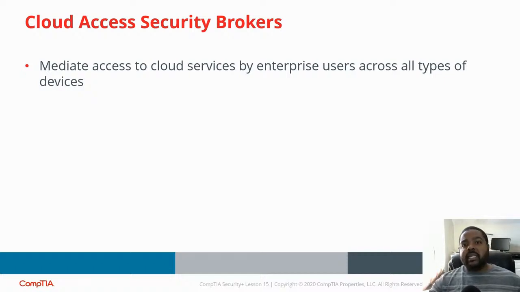CASB stands for Cloud Access Security Broker, and it sits as an agent on your local device and looks at your user putting information out to the internet or to a cloud provider, right? Because here's the thing: as security professionals in our work environment, we may have a set number of cloud providers that we work with, but that's not necessarily who all your users work with.